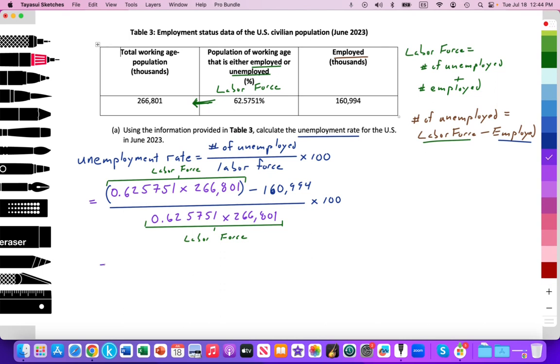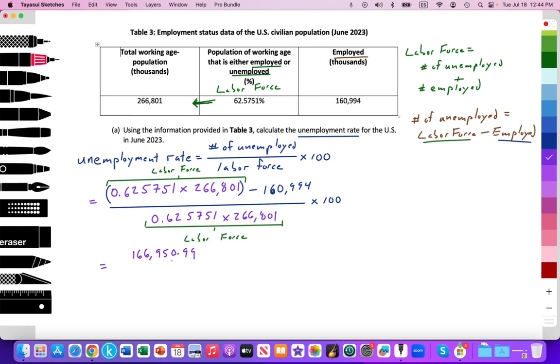All right, so this would be equal to 0.625751 of that number, which is going to give us 166,950.99.